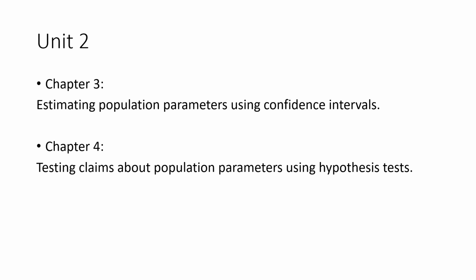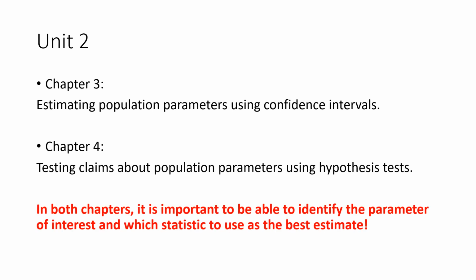Notice in both of these, I am making inferences about population parameters, and in both cases, I'm going to be using sample data to do so. So in both chapters, it's going to be really important to be able to identify the parameter of interest and which statistic we should be using as the best estimate for it.